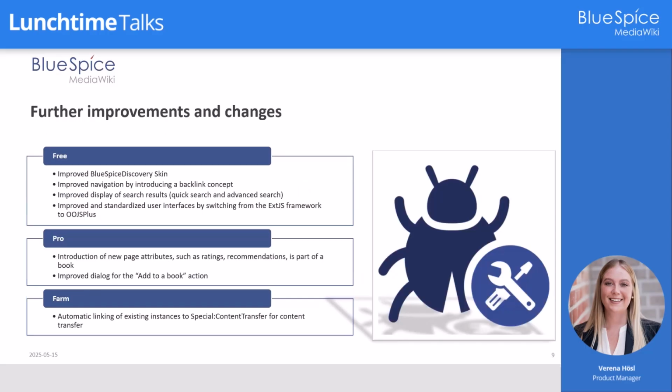In addition, we did a lot of further improvements and changes to BlueSpice 5. Just to name a few, we took a look at our BlueSpice Discovery skin and improved it, so the design is more lightweight and modern now. We also decided to switch back to the plus button instead of the new button, which is now located next to the search.